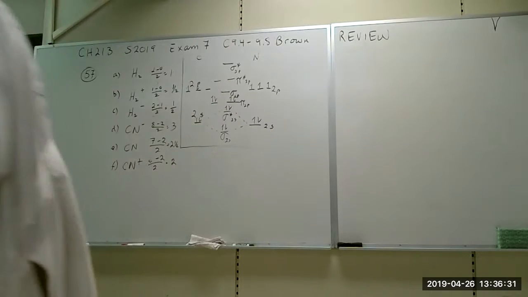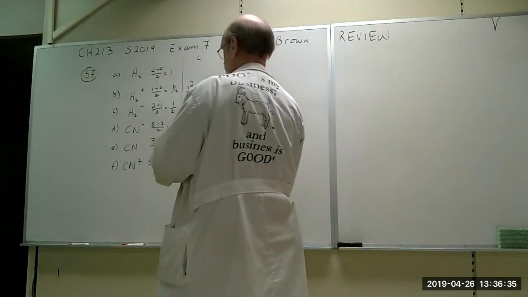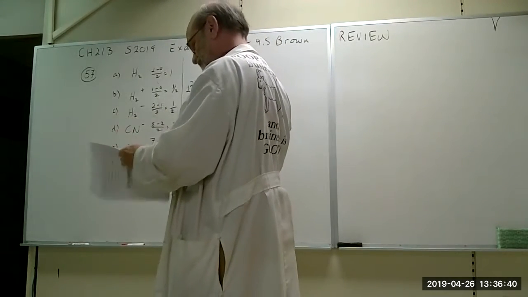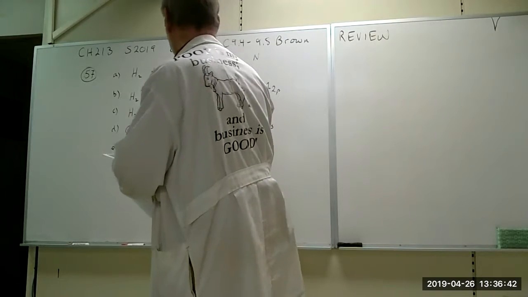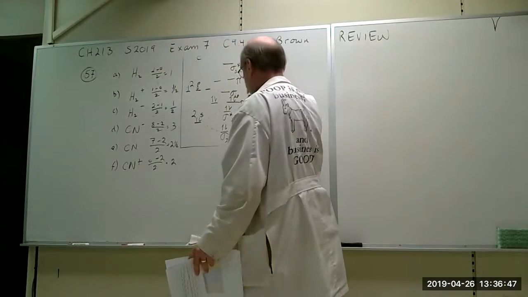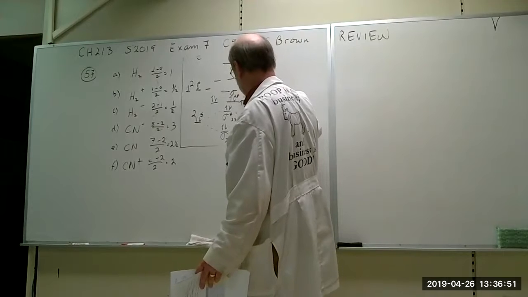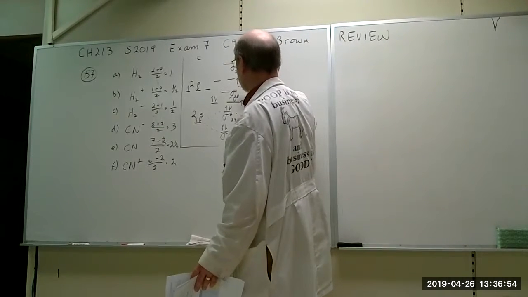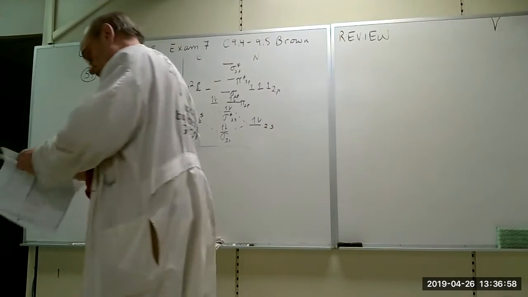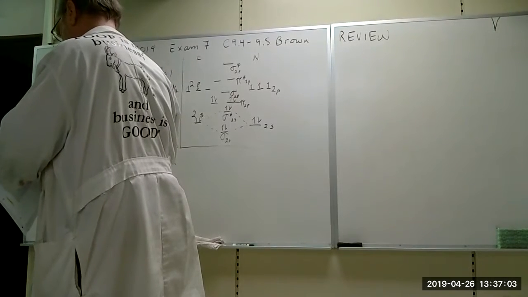I think that's the right answer. That was a difficult one. The key to this one, well, this one's easy, but the key to this one is understanding that these are mixed. So that changes the order and puts the pi bonding below the sigma bonding. Okay, that was 57.